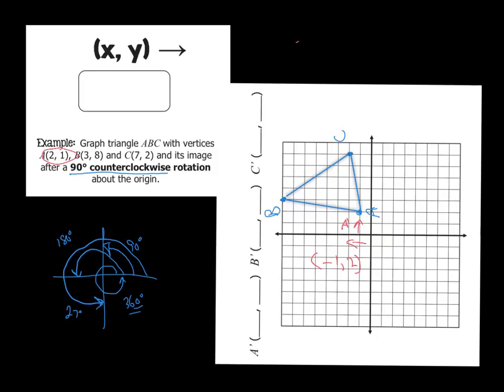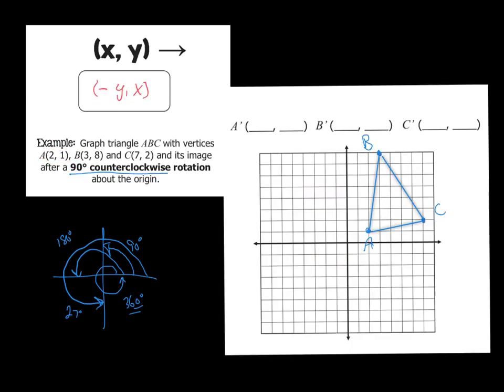So let's see, 2, 1 maps to -1, 2. So it looks like my x, y switched. My x was positive, it still is. My y was positive, now it's negative. So it looks like x, y gets mapped to the opposite y, comma, x. And that's going to be our permanent pattern for 90-degree rotations.